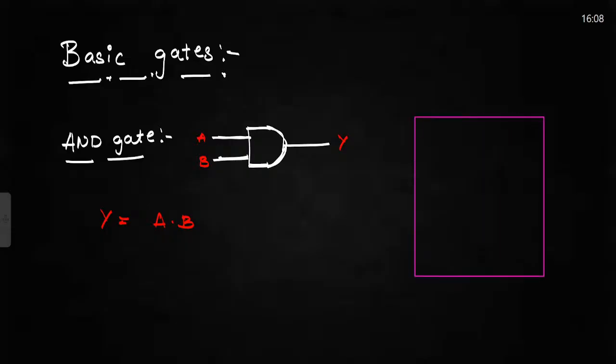The symbol for the AND gate is this symbol, which we call AND. We will have two inputs, let us say A and B, and we will have one output Y. So this is the AND gate. The output of AND is A dot B. Now let us draw the truth table of the AND gate.